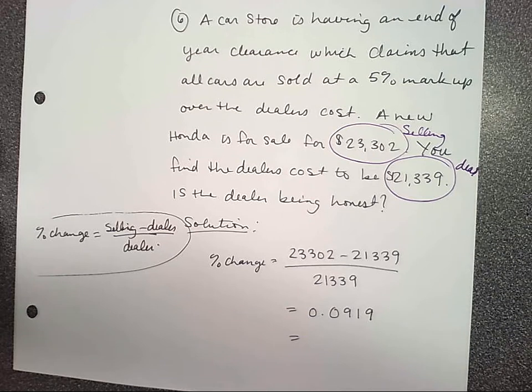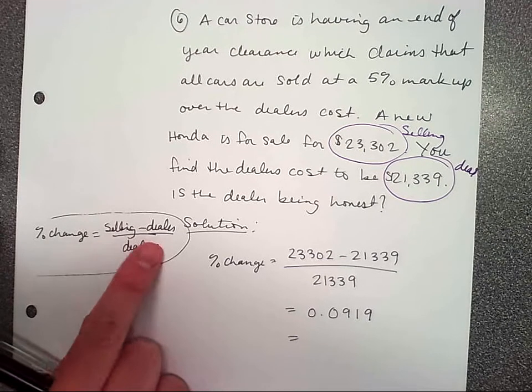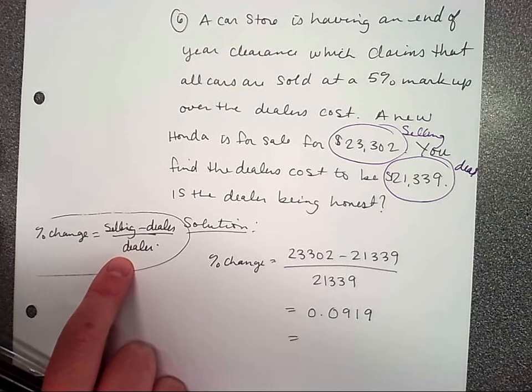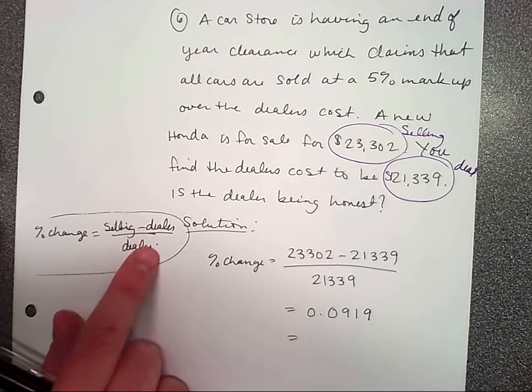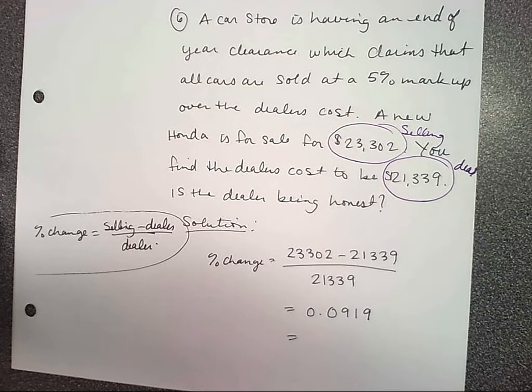I was a little confused as to which one was the base. So I wrote selling price minus dealer price over dealer price. You're looking for the percentage that the dealer is changing the price, so the dealer price is your base, because you're looking for the percentage he's marking it up from the dealer price.